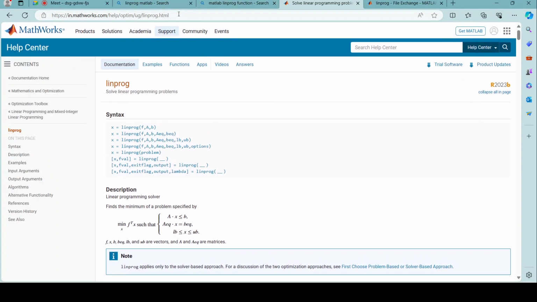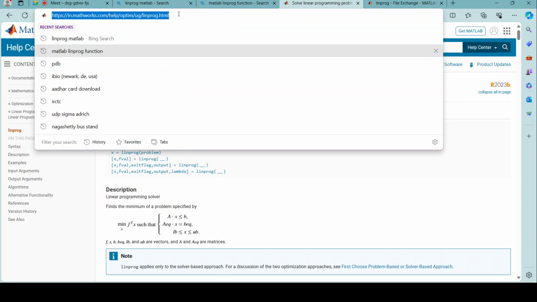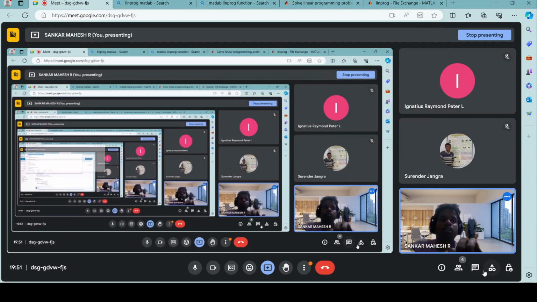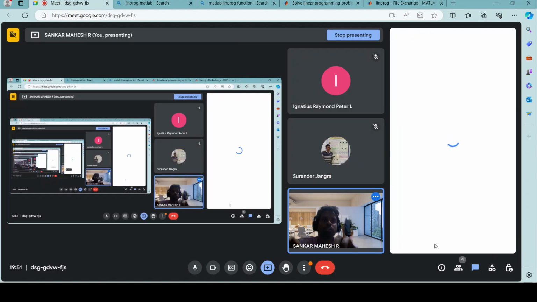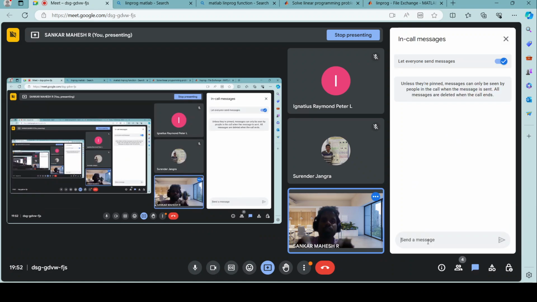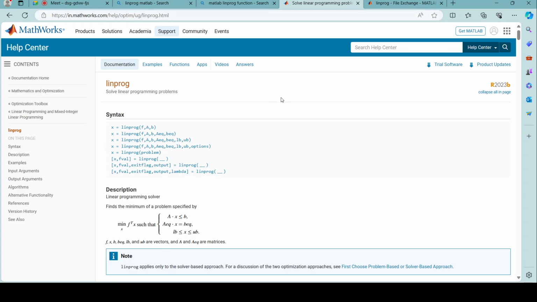So on this particular page, we have the definition of linprog. I'll add it here from MATLAB. That would give you different variations of linprog. It's basically a linear programming solver.